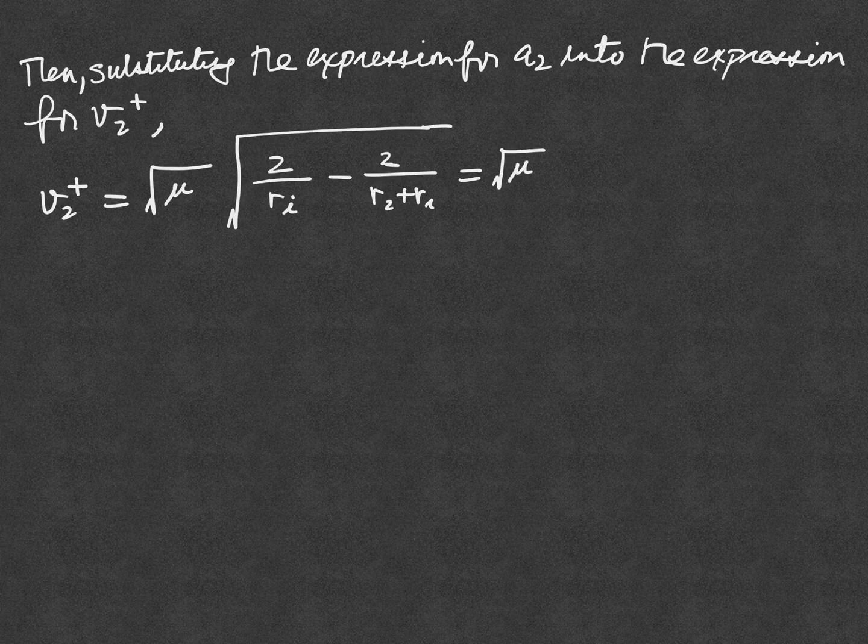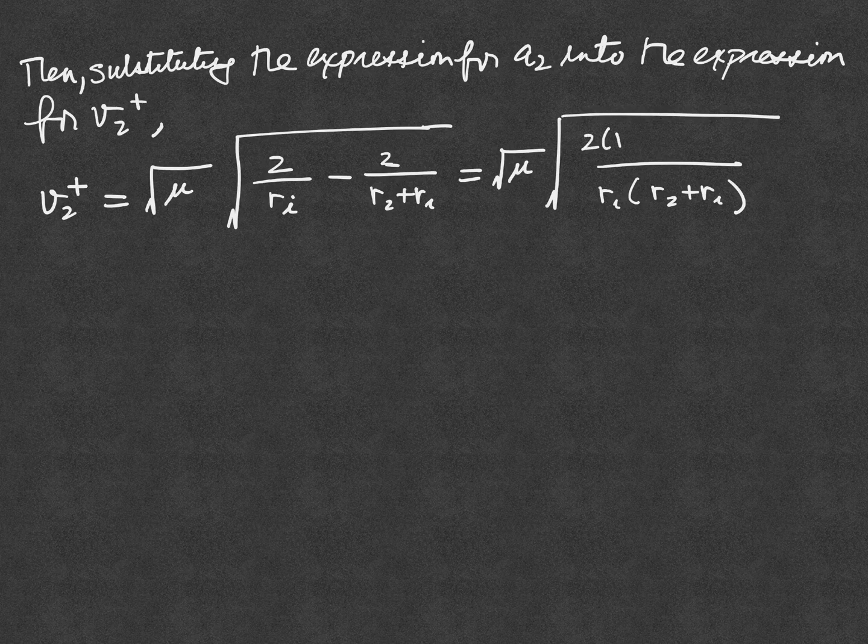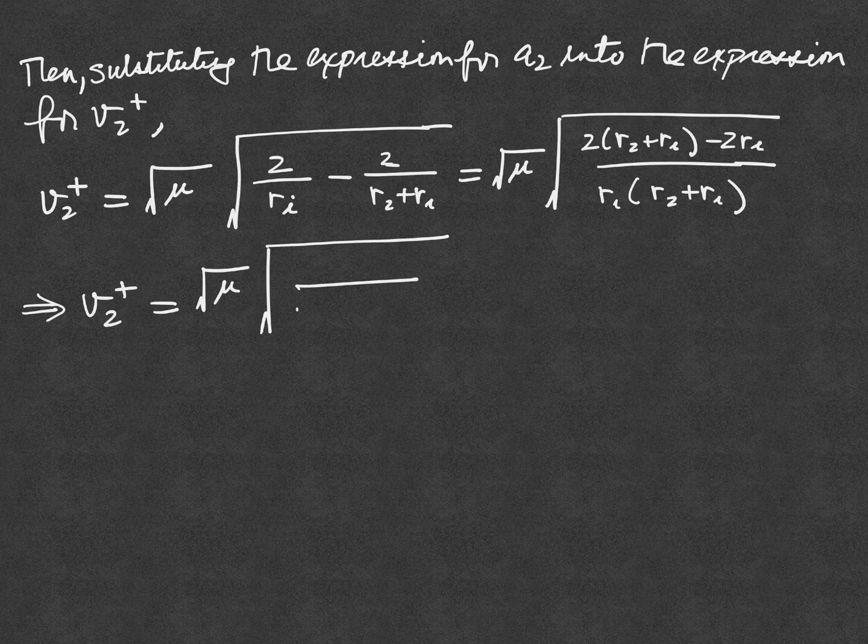We get the square root of mu, and if I put everything over a common denominator, I have Ri times R2 plus Ri, and in the numerator, I have 2 times R2 plus Ri minus 2 Ri, from which we obtain V2 plus is equal to the square root of mu times the square root of, in the denominator, Ri times R2 plus Ri, and in the numerator, the 2 Ri's cancel out again, and we have 2R2.